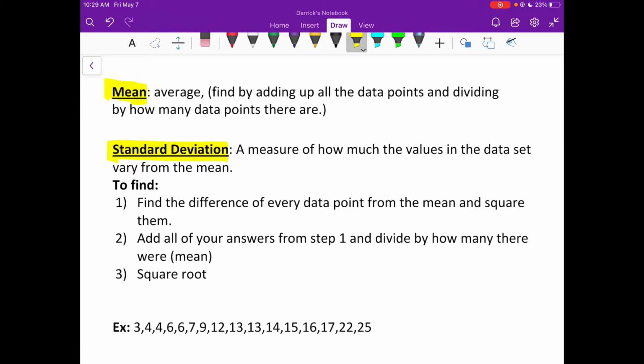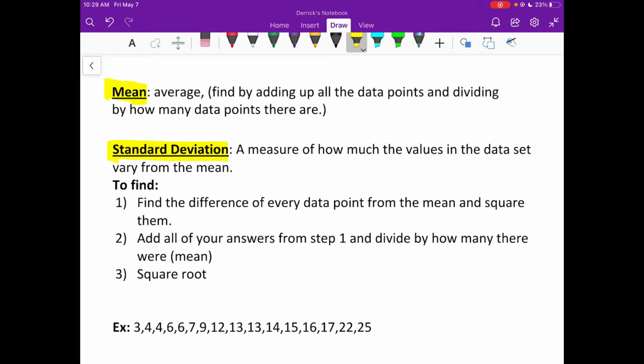And then you are going to square all of those differences. You can take the data point minus the mean, or the mean minus the data point, it doesn't really matter. But you're going to square those differences. The idea of that is you are squaring them because that way you don't have to worry about whether they are negative or positive. Because remember, any number squared gives you a positive answer. So everything is going to end up being a positive number once you're done squaring it.